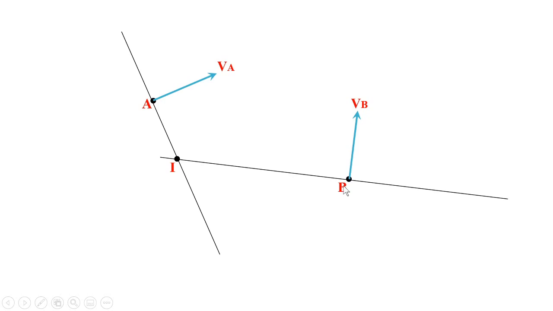Now if the angular velocity is omega, VA equals omega into IA, this distance. Similarly, in case of B, VB equals omega into IB.